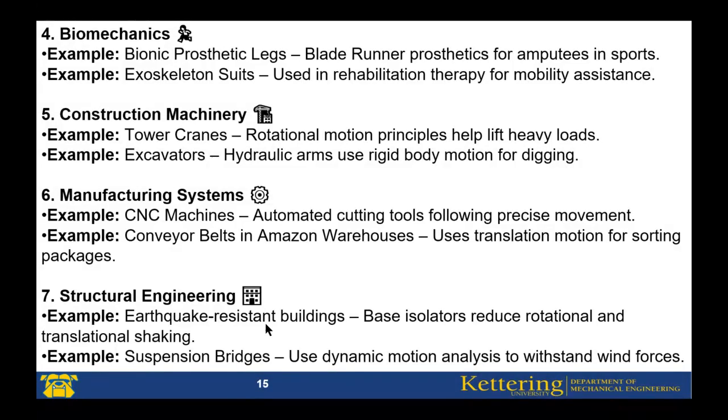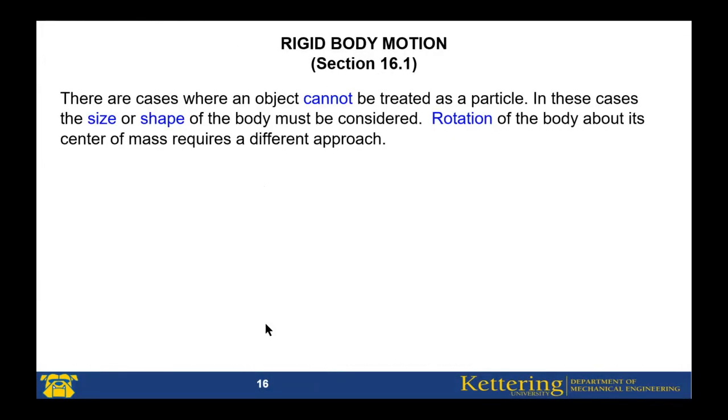A body whose shape changes negligibly compared with overall motion, like a rotating wheel or moving car body. Exactly. Compared to the particle, for a rigid body the size and shape matter. We have the size now. Also, for the rigid body, we consider the rotation.